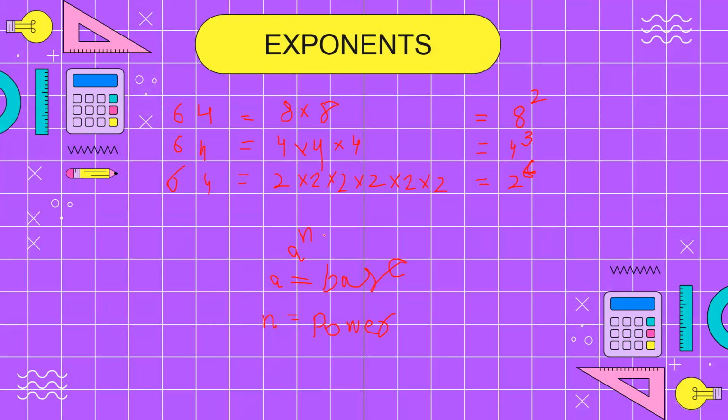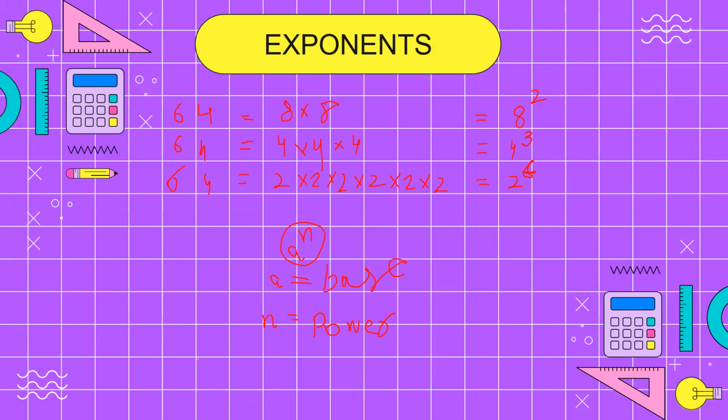So any number which can be written in a raised to power n form, where a is the base and n is called the power or exponent of that number. So this is the way we write numbers in exponent form. Exponent is nothing but just the power of a number.